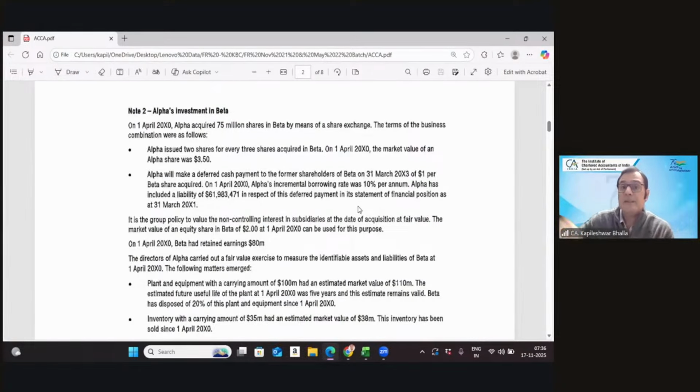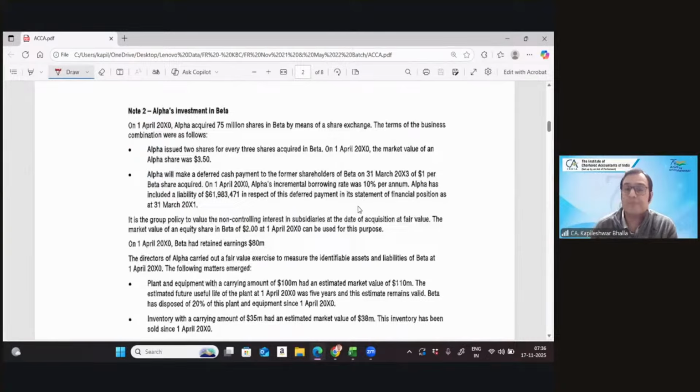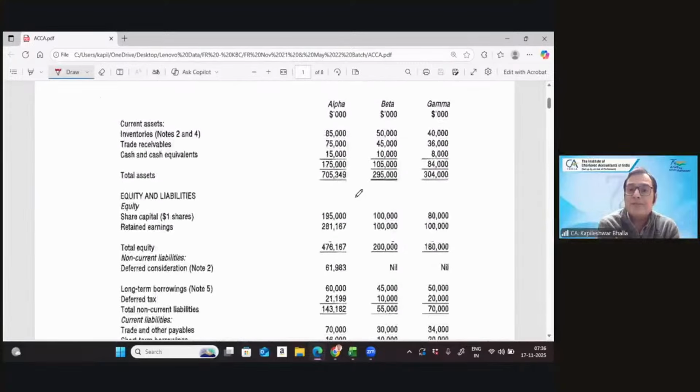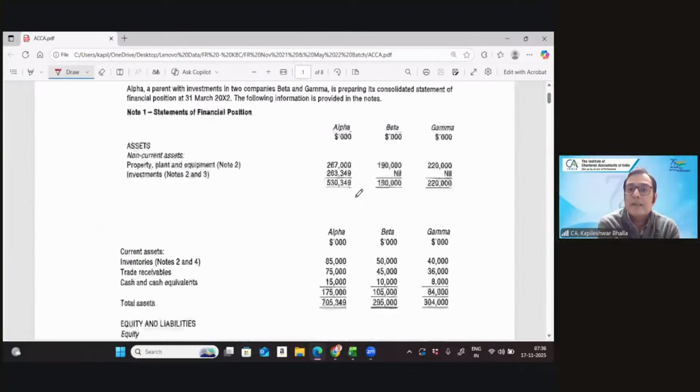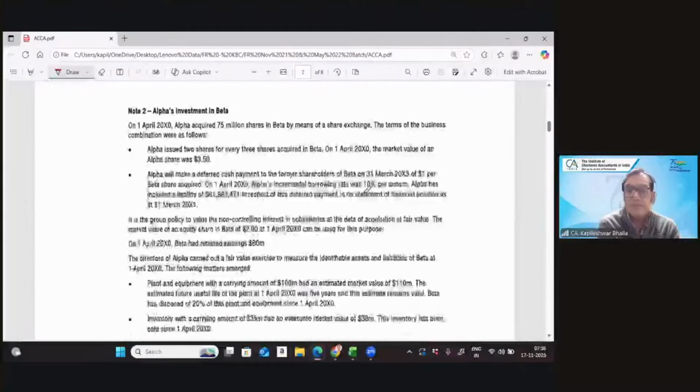So now let me read the inputs very carefully. As we read the inputs, we are going to make some analysis also as we read. Now, let me just go back and tell you that the balance sheet is given on 31st March X2.